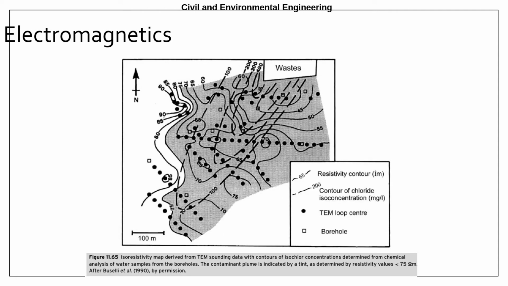Now for electromagnetics. Note that electromagnetics is essentially just reading the conductivity of your material. So it's very similar to a resistivity survey. Don't be confused with electromagnetics: what you measure in electromagnetics is totally different from what you measure in magnetics.